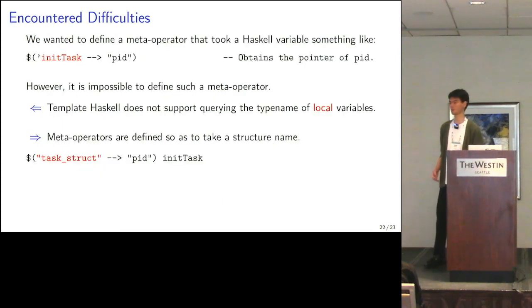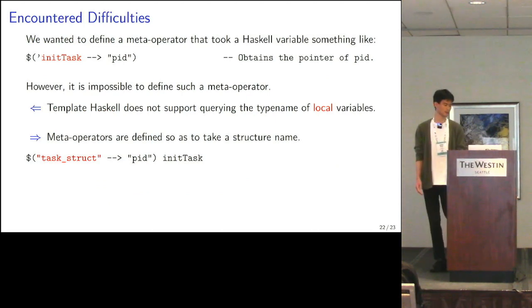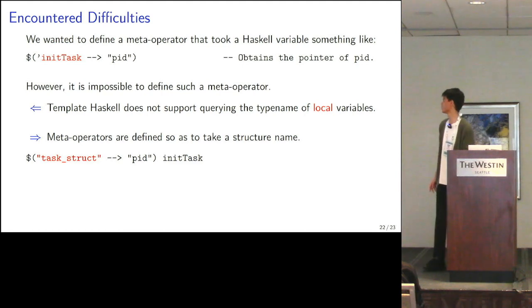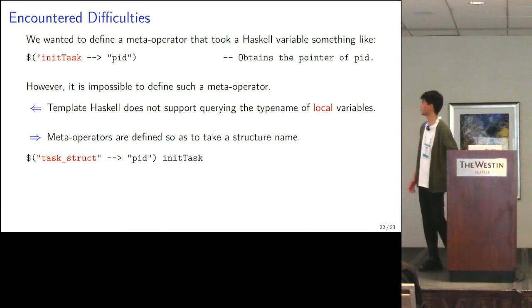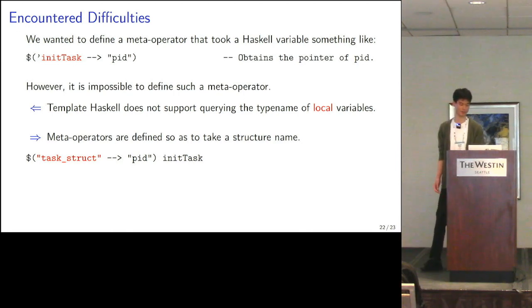Template Haskell helped the building of HaVMI, but there were some difficulties. Difficulties appeared when we wanted to define a meta operator that took a Haskell variable instead of a structure name, like this.